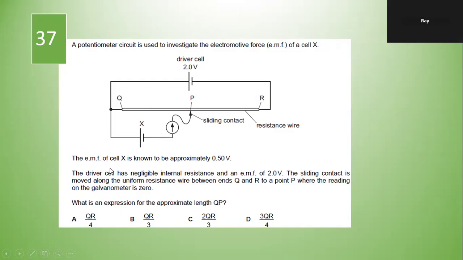The sliding contact is moved along a uniform resistance wire between Q and R to a point P where the reading of the galvanometer is 0. So at P, galvanometer reading is 0. What is the expression for the approximate length QP?